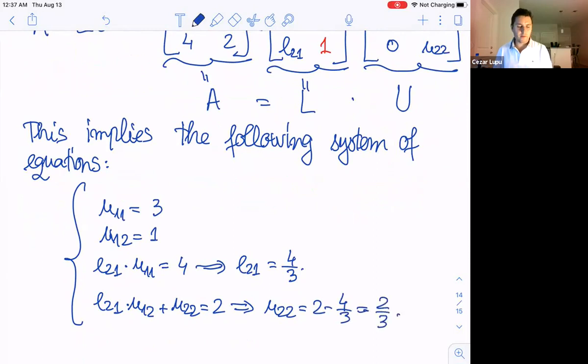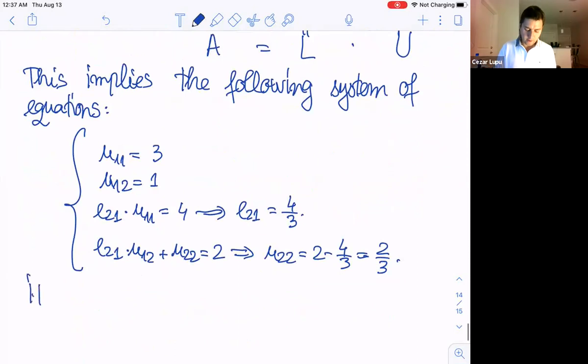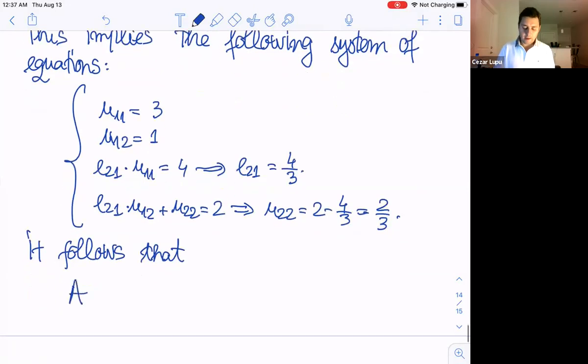Well, that's beautiful. Now we have everything we need. It follows that matrix A can be expressed as the product of a lower triangular and an upper triangular matrix, which will be 1, 0, 4 over 3, 1.